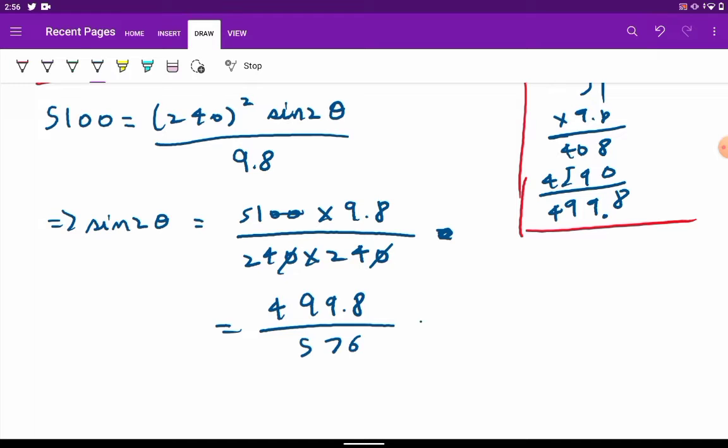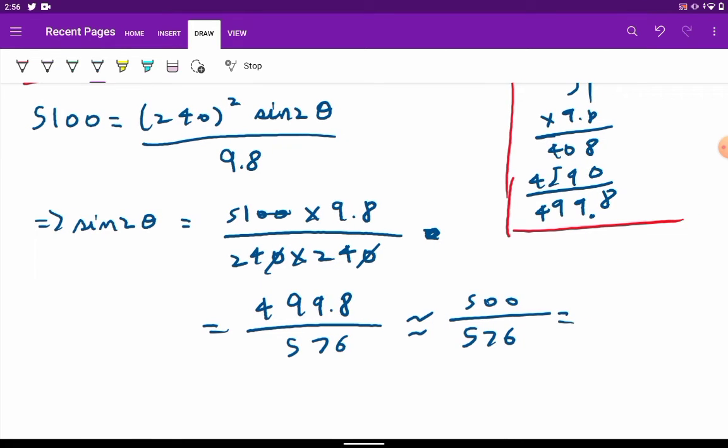I can say this is roughly 500 by 576. If we divide numerator and denominator by, let's say, 20, it does not go exactly, but you can calculate 500 by 576.